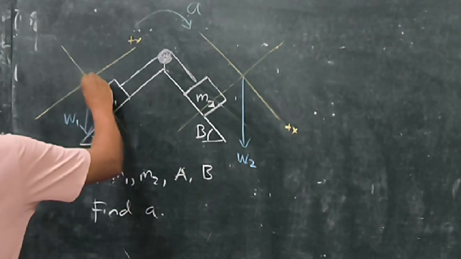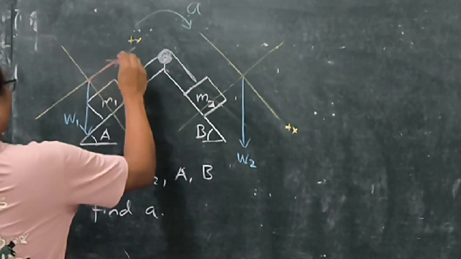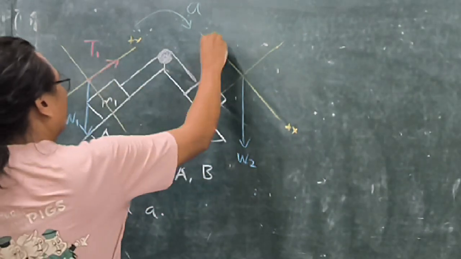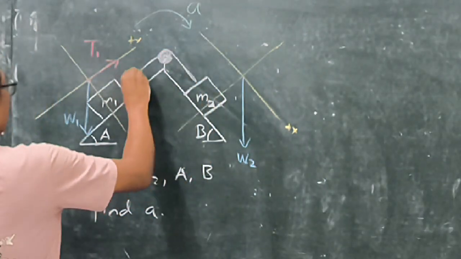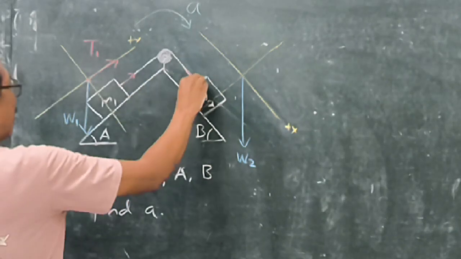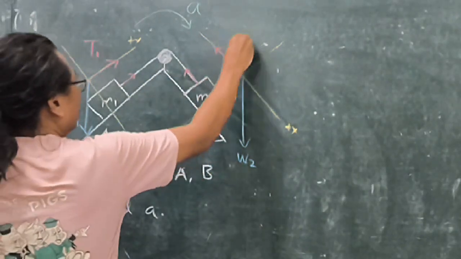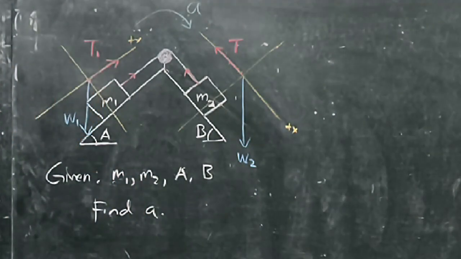The tension now is here. We call this T. Now, because the tension is going in that direction, here it is going this way. So meaning, on this free body diagram, our tension here is going this way. So we have two unknowns here, T and A, right? We have two unknowns, T and A.